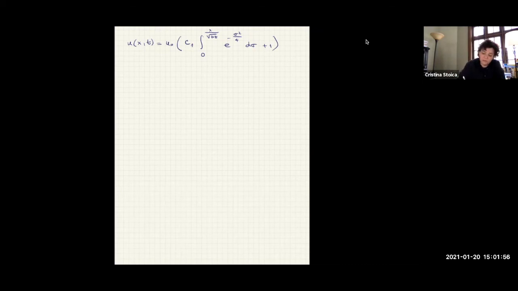So now we're going to use the second boundary condition that tells us something like this. In other words, we will have C1 integral from 0 to infinity of e to the minus sigma squared over 4 d sigma, with a u naught in front, plus 1 equals 0.